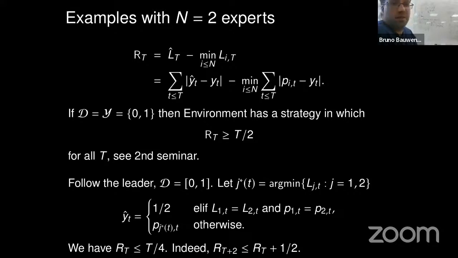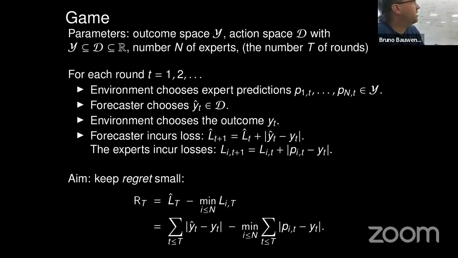Okay, well, why is it? We only need to look at rounds where we make a mistake. If these are rounds where we're following the leader, then we are good, because the regret is the difference between our loss and the best predictor's loss. Maybe I didn't stress enough: we want to predict as well as the best predictor.